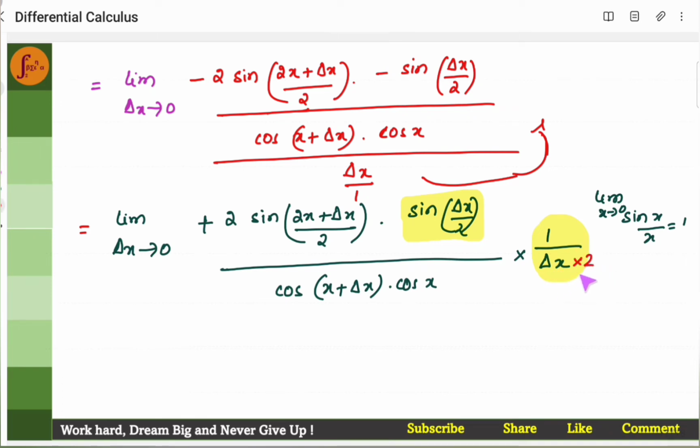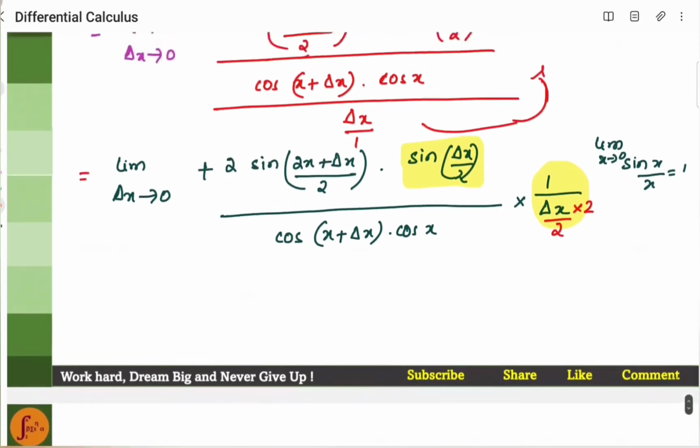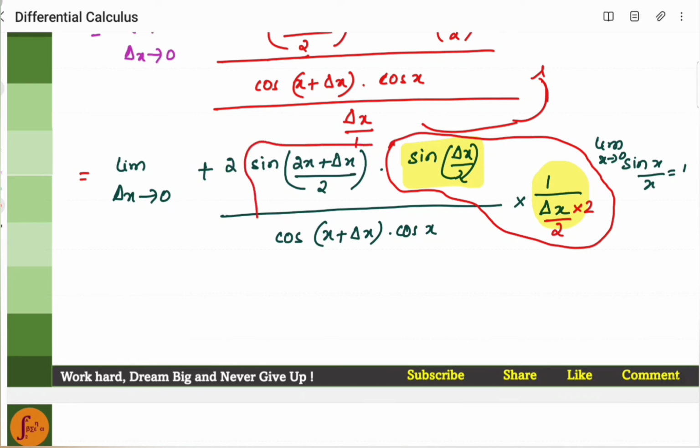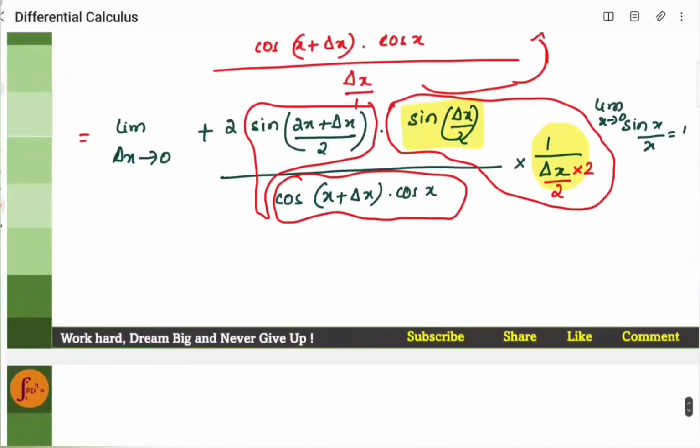So I'll get this form, right? So now let me apply limits separately. Limits for this portion, and then limits for this portion and this portion. Let me apply limits separately. So I'll get limit delta x tending to 0.